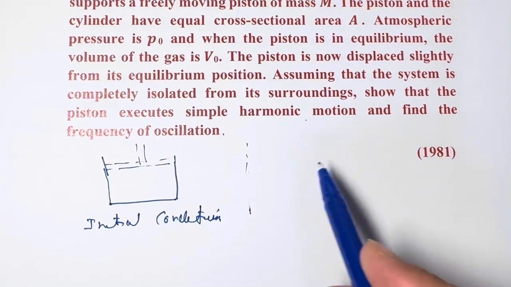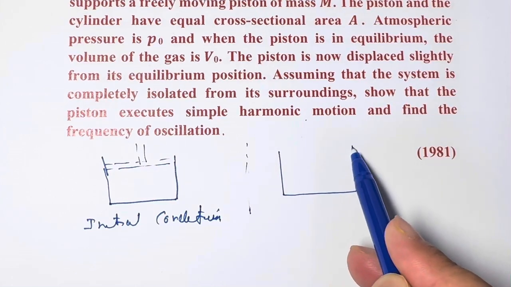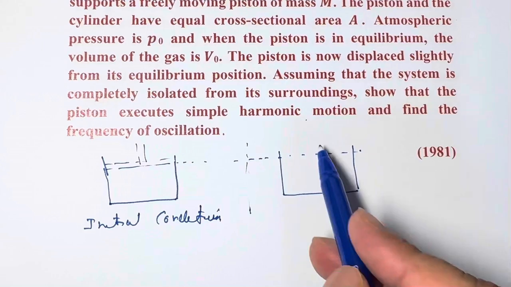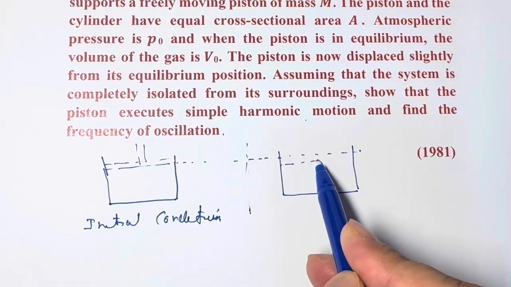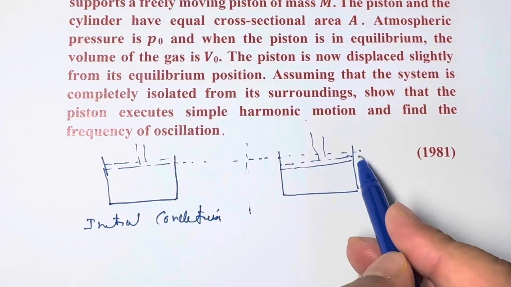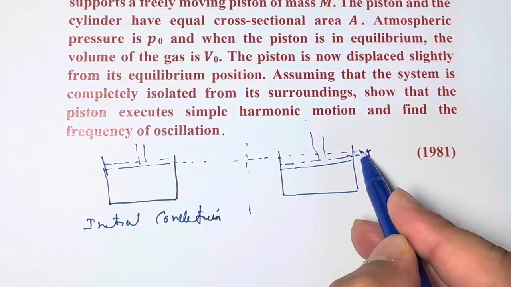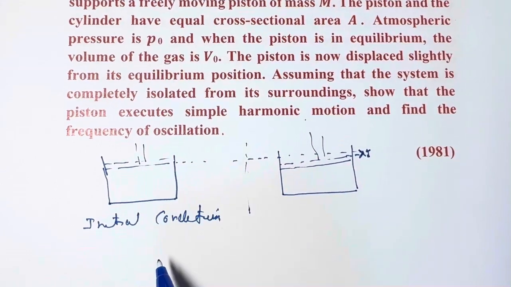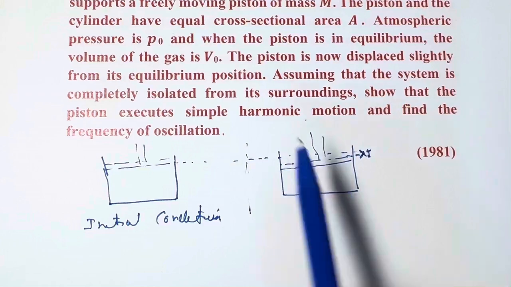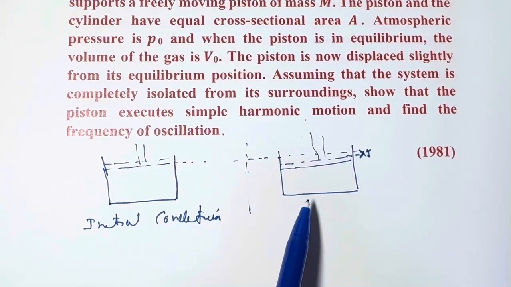And then in the second part, this piston is slightly displaced from its position of equilibrium. So this is the position of the equilibrium, and let us suppose it is slightly displaced in this direction, and this displacement is given as small x, slight displacement. And we have to prove that an important part is that this system is completely isolated from the surrounding.